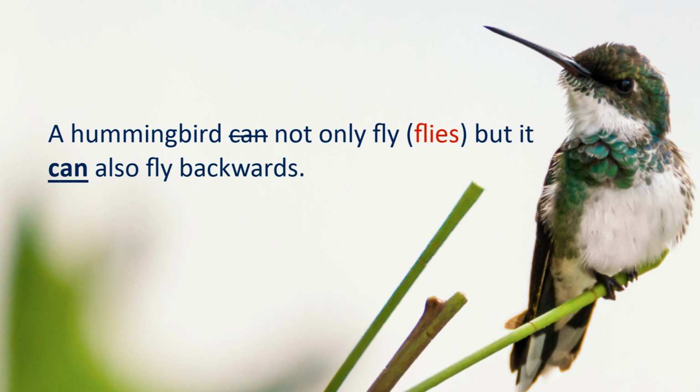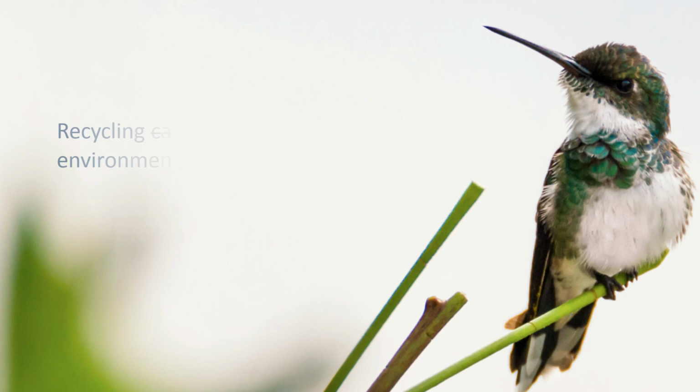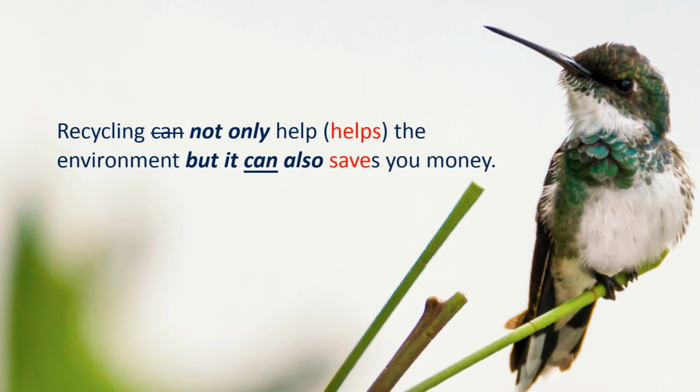And because it's auxiliary, obviously we have to adjust the main verb, fly, which goes to flies, because it needs to agree with the subject of the sentence, the hummingbird. And the second sentence, we can also change this one. Recycling not only helps the environment, but it can also save you money. So we can see here that when you're using a correlative conjunction, you have to use can not as two words.